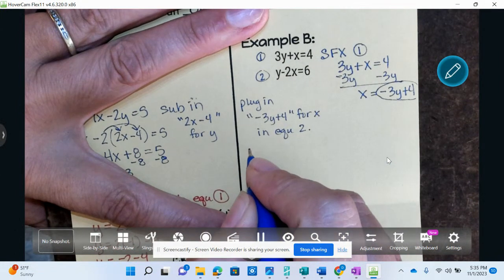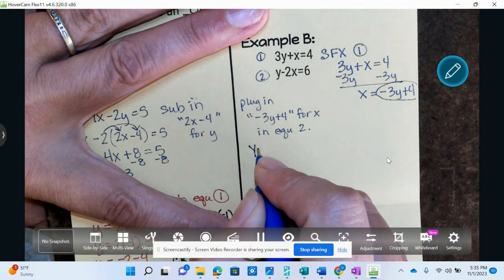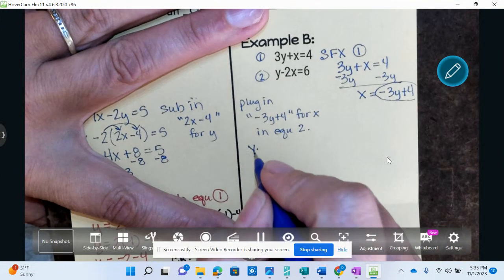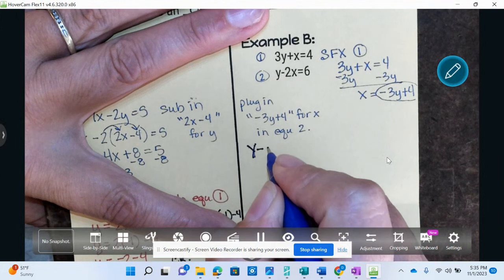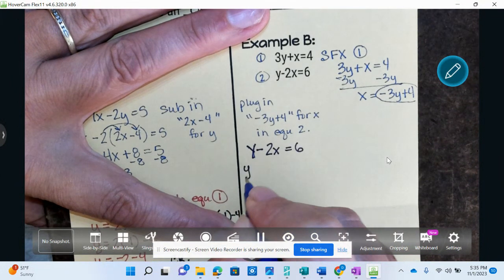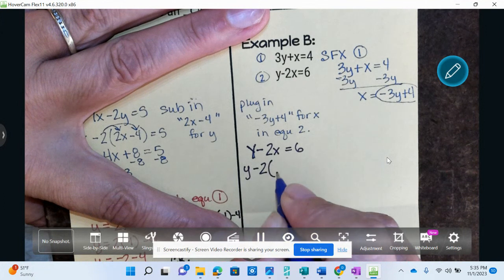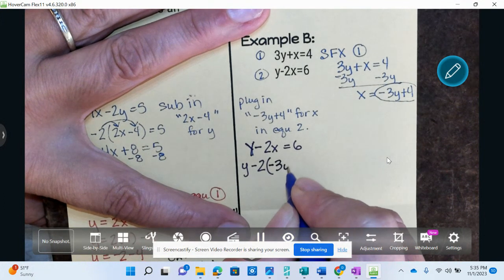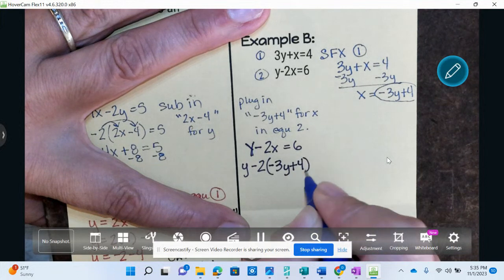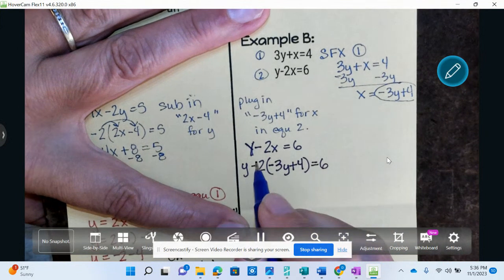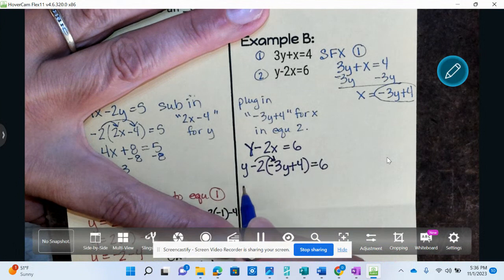So equation number 2, y minus 2x equals 6. Y minus 2, well, x is now going to be substituted with the expression -3y plus 4, equals 6. So now I have to do some fabulous math here.